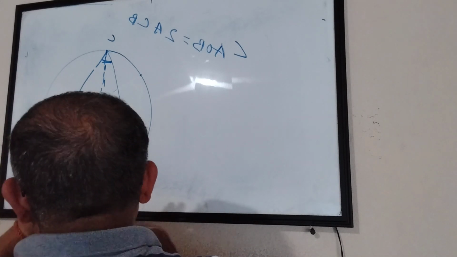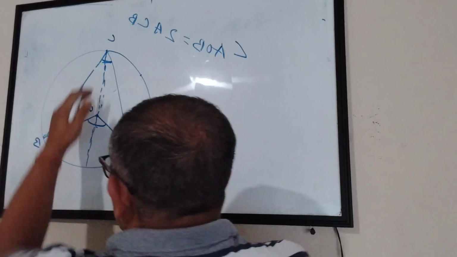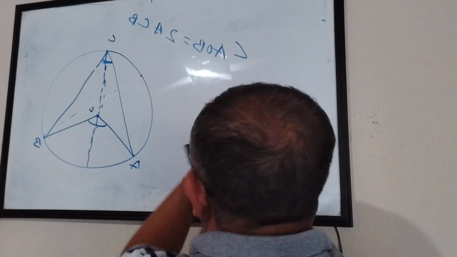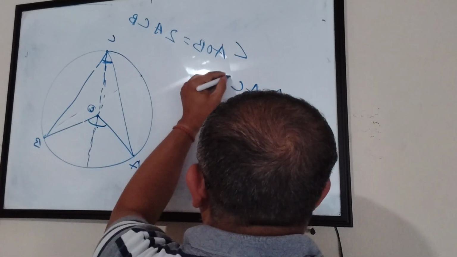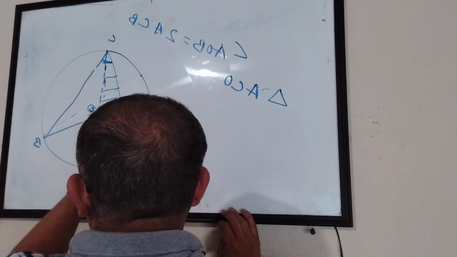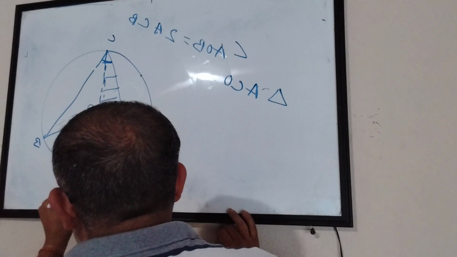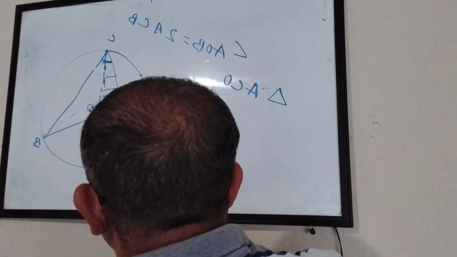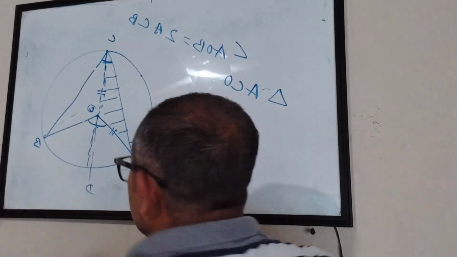Now let's look at this triangle first. Let's look at triangle ACO, meaning I'm talking about this triangle right now, and let's say this line extends further and comes to D. Now in this triangle, do you see this side and this side are same?